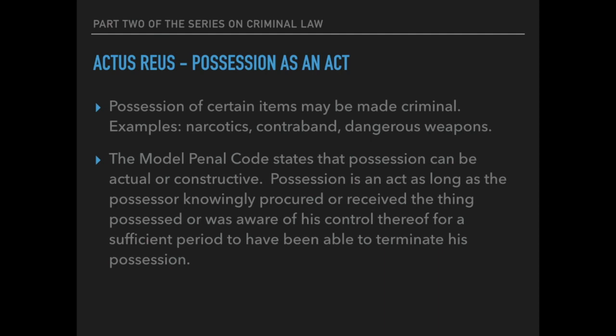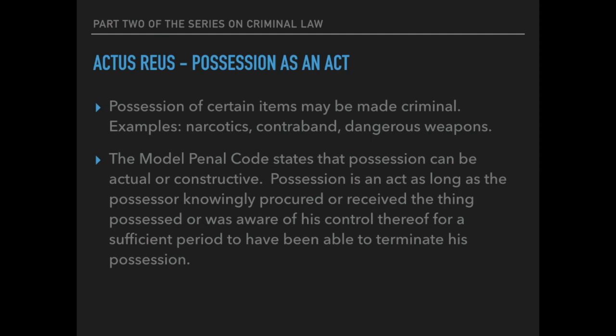And having certain types of dangerous weapons could be considered an act. Possessing that thing, maybe you're not supposed to have a gun. Something has happened and you have lost your right to have a gun under some other statute. Just merely having it, the possession of it, is an act. Now, the Model Penal Code talks about how an act of possession can be either actual or constructive.